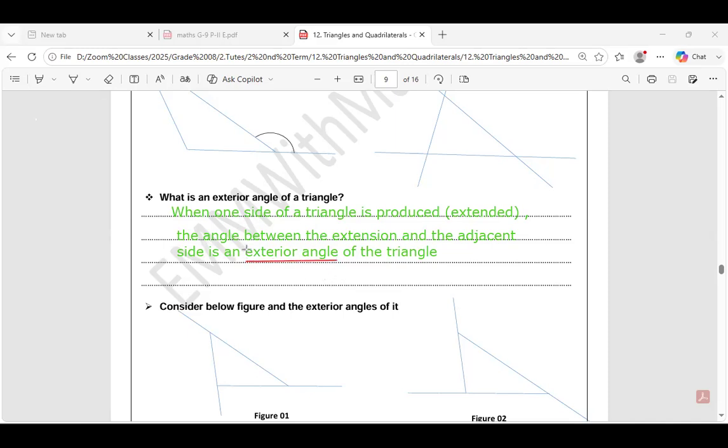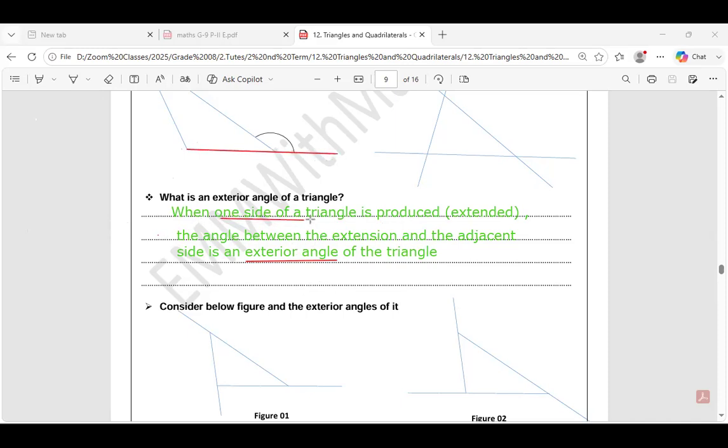So if I tell you this one again, keyword: when one side of the triangle is produced, so I have produced this side of the topmost triangle. This side has been produced up to here.